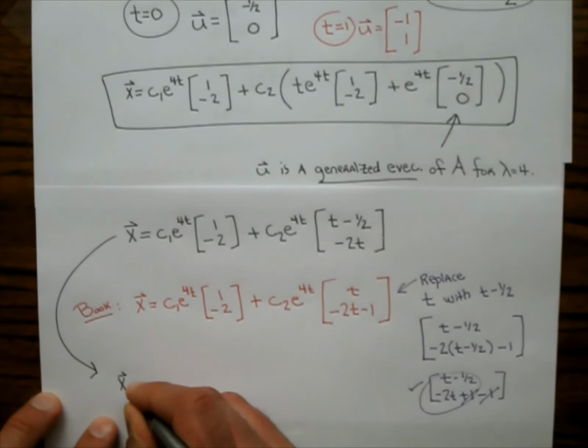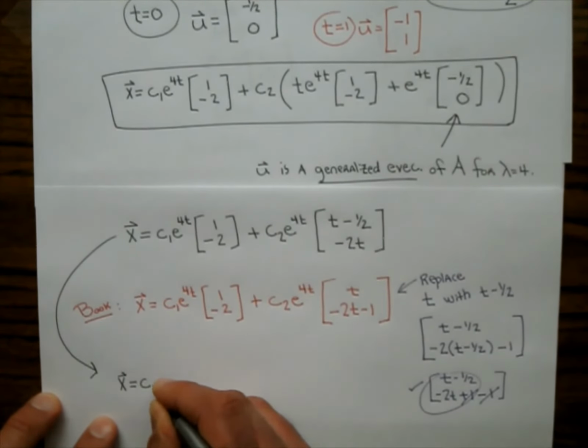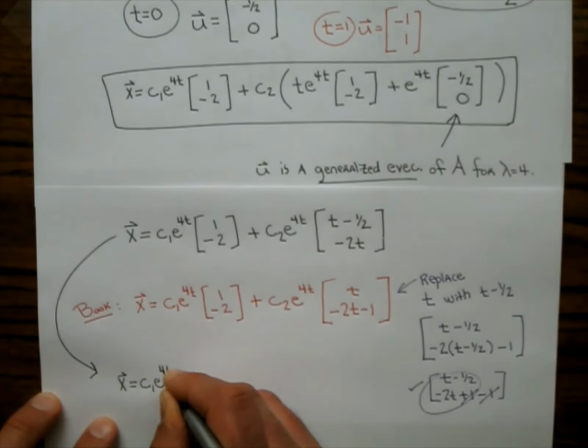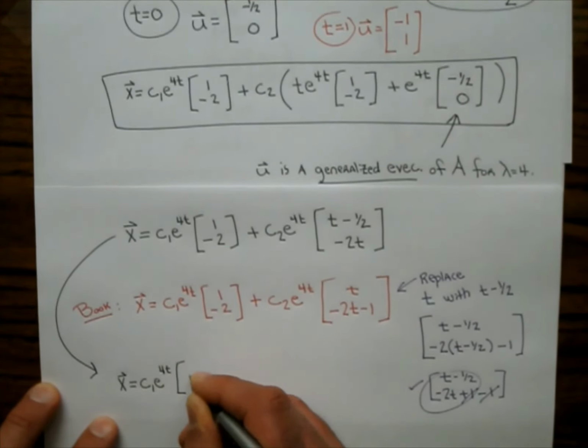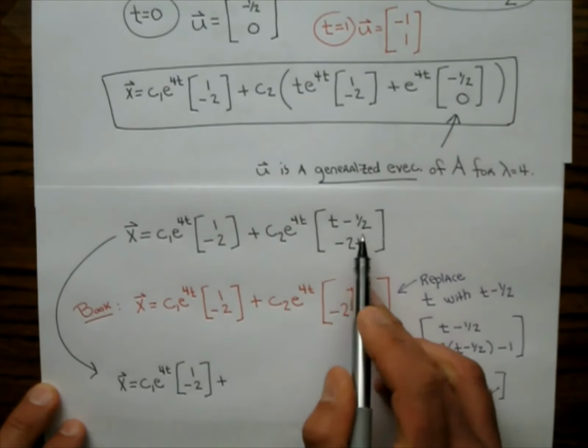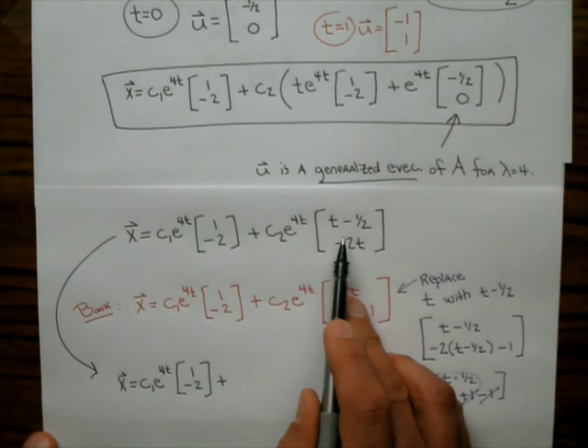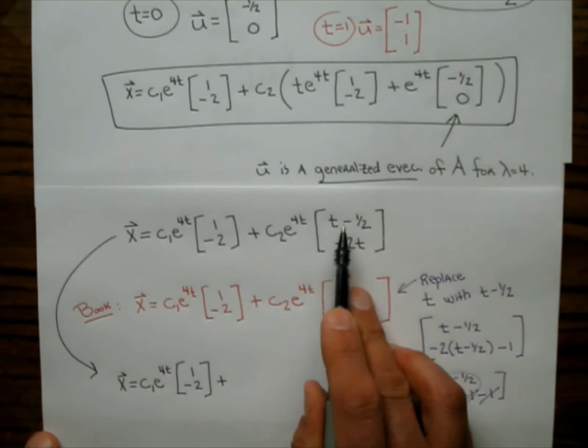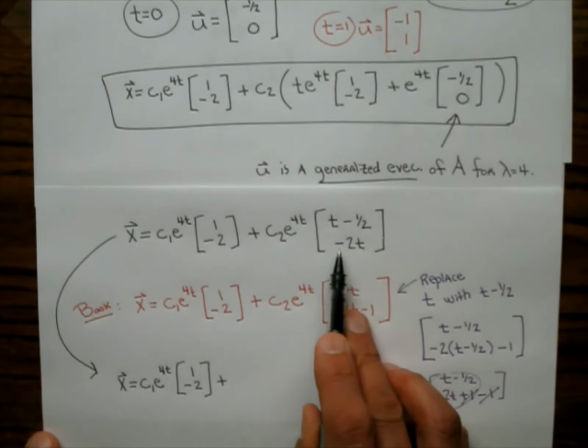Another thing you can do to get rid of that, if you're not happy with that, most people are just happy and they just move to the next problem, is you could multiply the top part and the bottom part by 2.